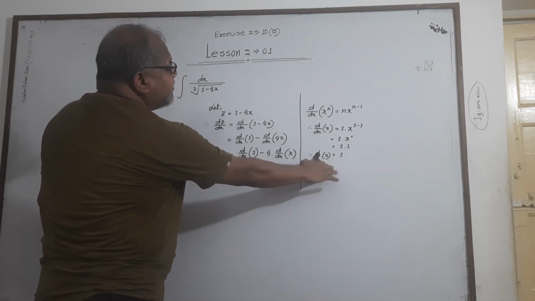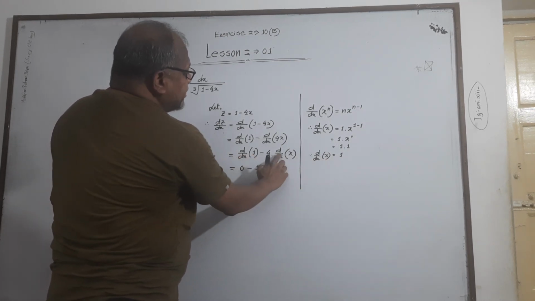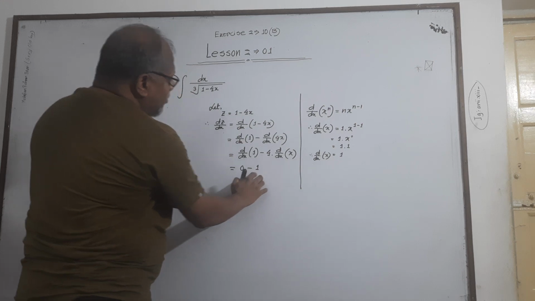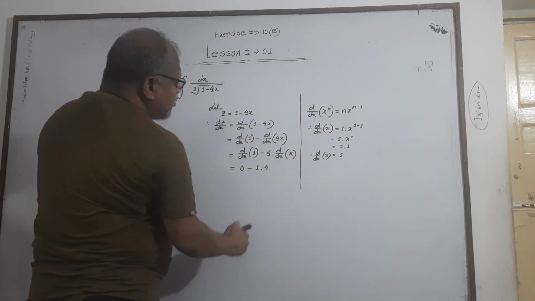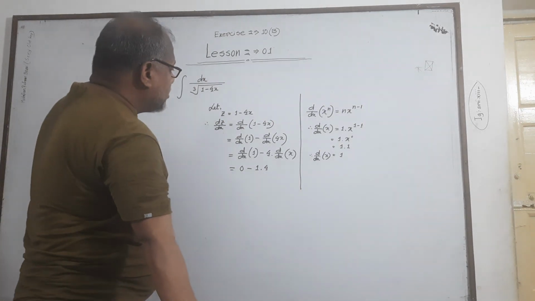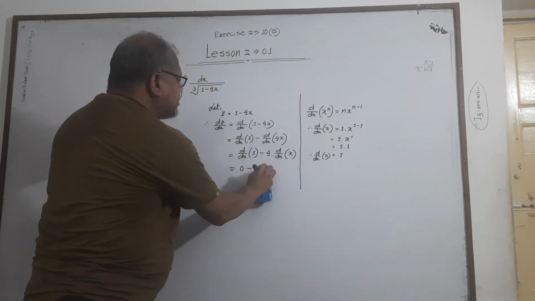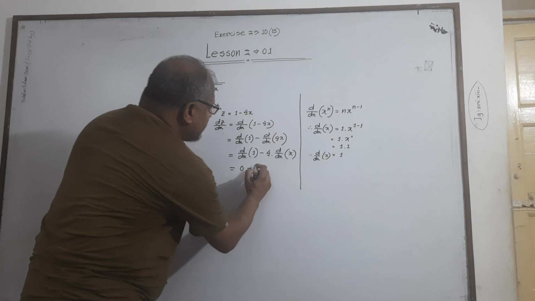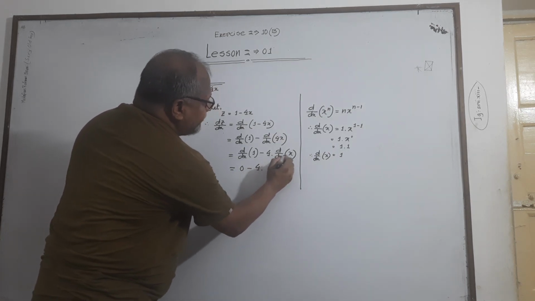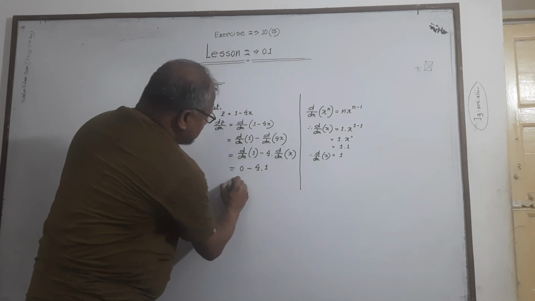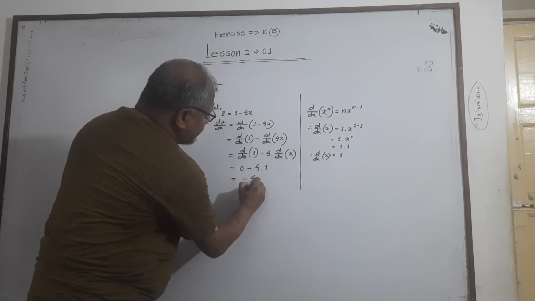So according to this formula, d/dx of x is 1, and with the 4, I should write it this way: 4 into d/dx of x is equal to 4, so it is minus 4.